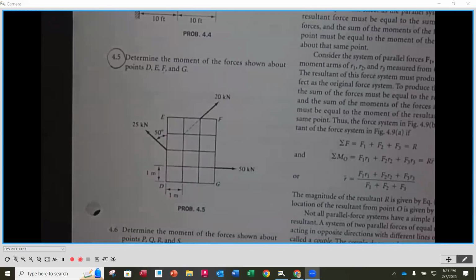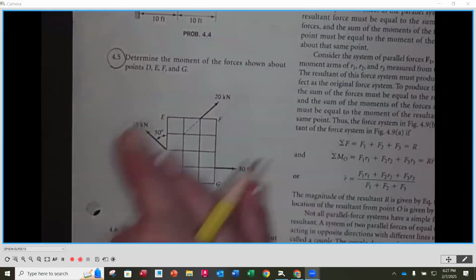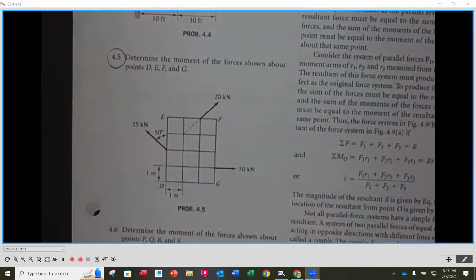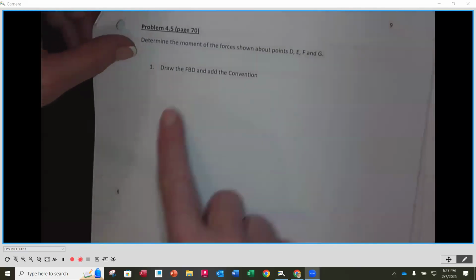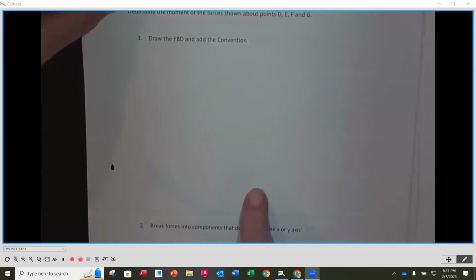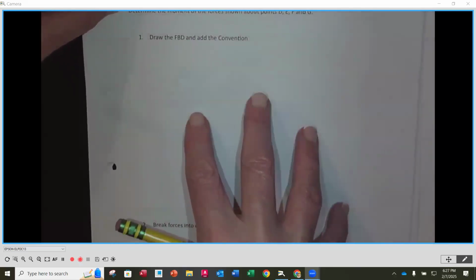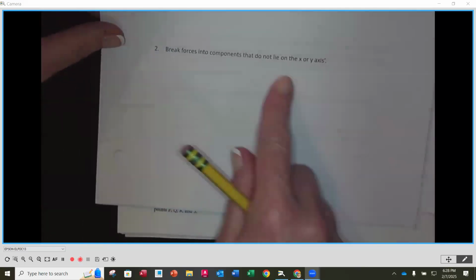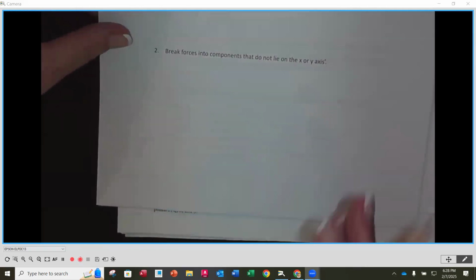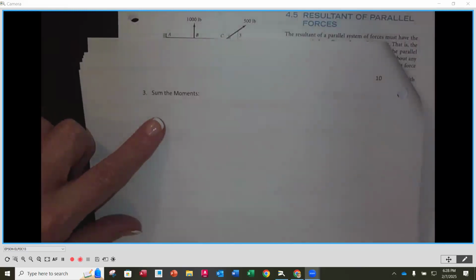So first things first, you've got to draw a good free body diagram and add your convention. So we're going to duplicate what we see here. And you're going to notice that starting on page 9, this area right here, above, is how we're going to use this space to draw the diagram and then add any additional information that we need. Then we're going to break the forces into components down here, and then turning the page, we're going to sum the moments on the backside.